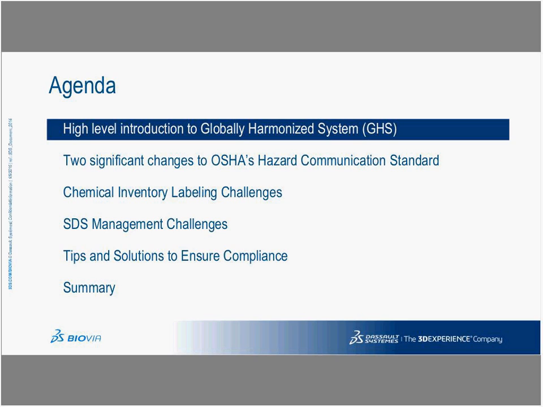First, then we'll talk a little bit about the challenges people face with chemical inventory management, also SDS management, because both of those things are directly affected when it comes to GHS and the changes that are being adopted. And we're sharing some tips to ensure compliance, how we've been able to assist customers in adopting the changes that are coming down.